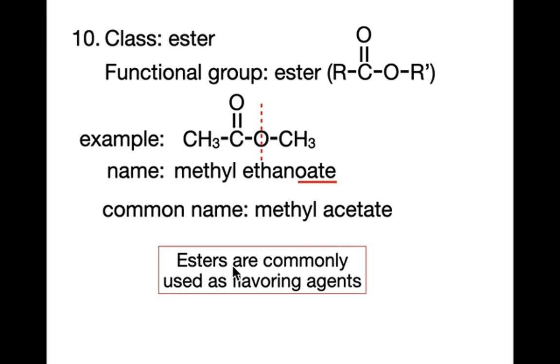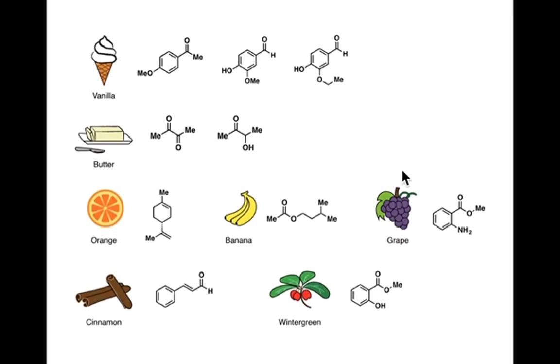Okay. Esters are commonly used as flavoring agents. You should know that. Now, unfortunately, there's a lab that we do in IB Chem 1 where you make esters, and the esters have all kinds of nice aromas. You would have been allowed to pick a few fragrances to create.